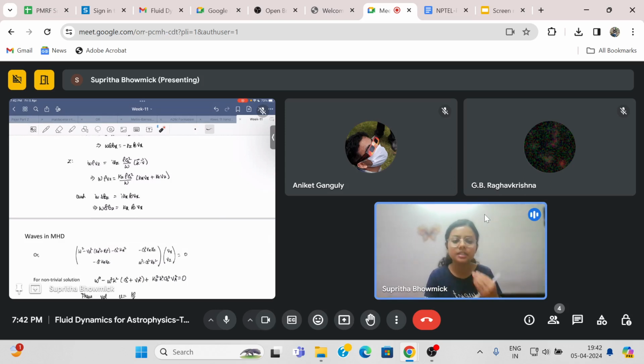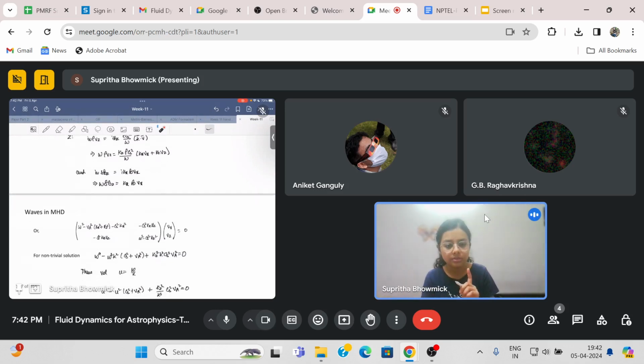The middle steps are just algebra and they're not necessary, so I'm skipping over them. But you can trade delta B_x and delta B_z for v_x and v_z and use that in the two equations to get this.